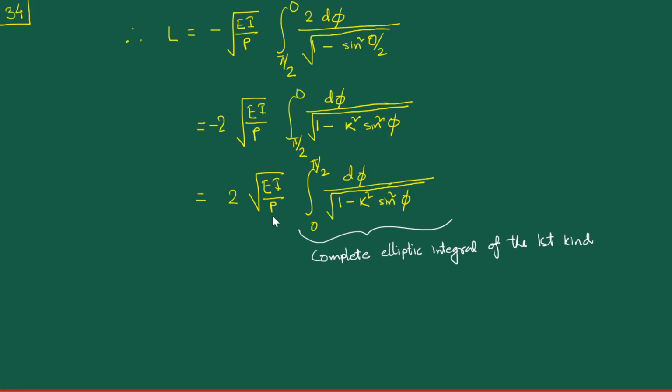And suppose we are actually given a certain value of the applied load. So this P is also known to us. So in this entire equation, considering the left hand side and the right hand side together, the only thing that we don't really know is this K. But we do have means of solving this integration for different values of K.